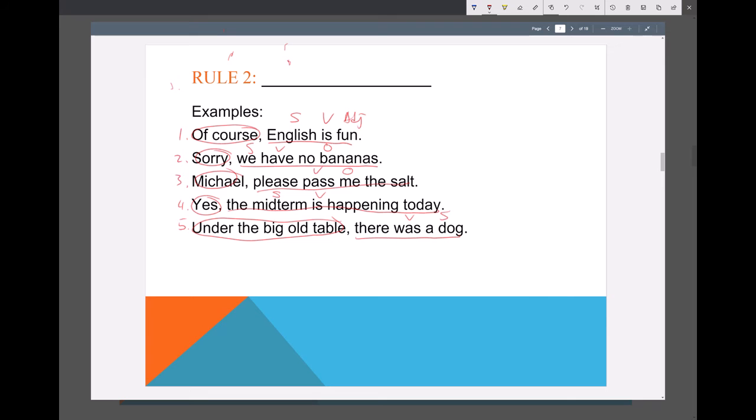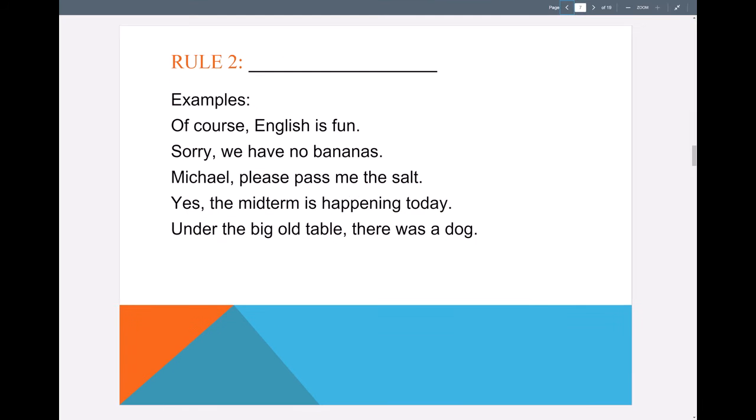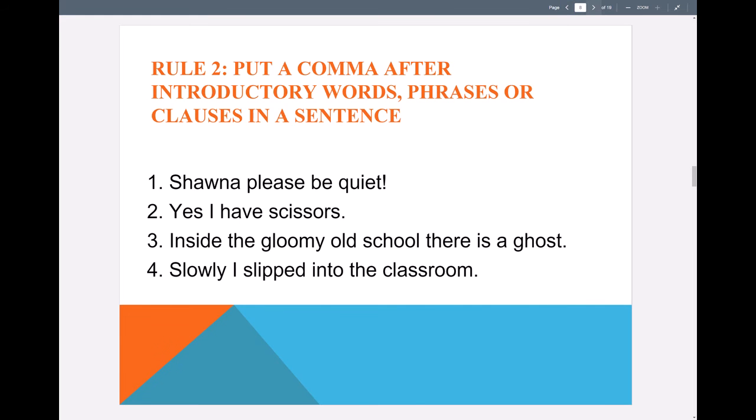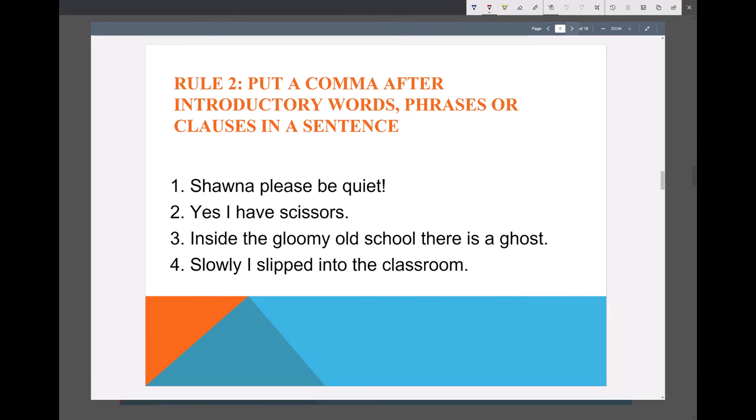So the rule goes like this. After introductory words, phrases, or clauses, you put a comma after it. So take a look at the first sentence. Shauna, please be quiet.